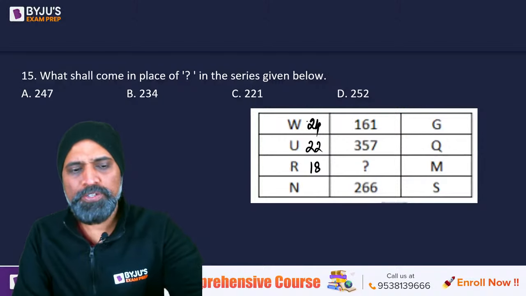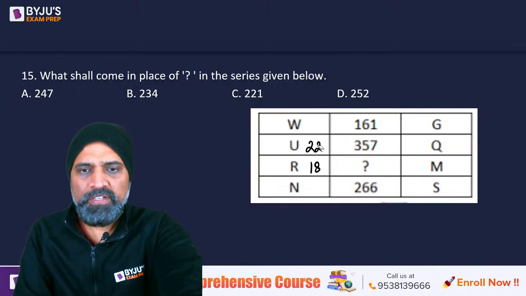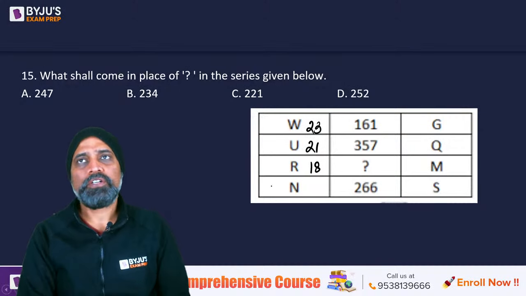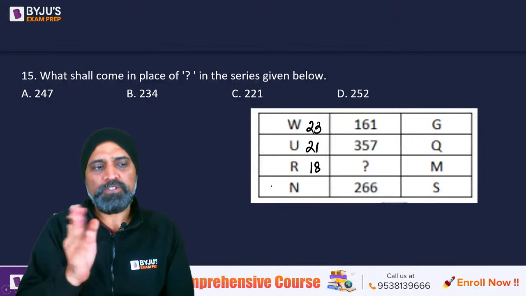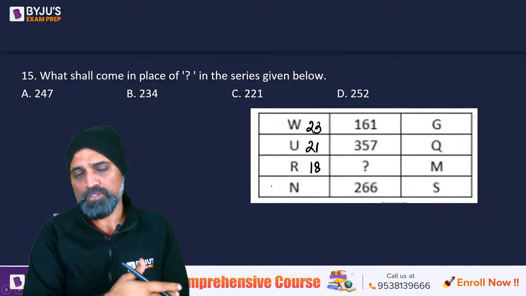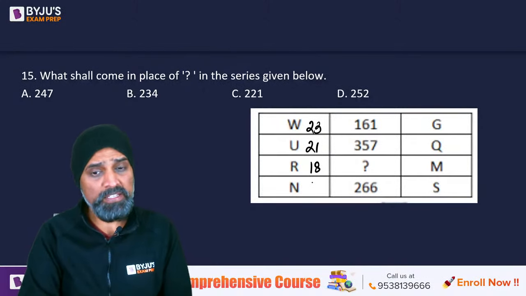No, U 22 should not be. This should be 21 and this should be 23, because after W we have X, Y, Z, which is 26 letters, so 3 more to go. N is going to be 14.